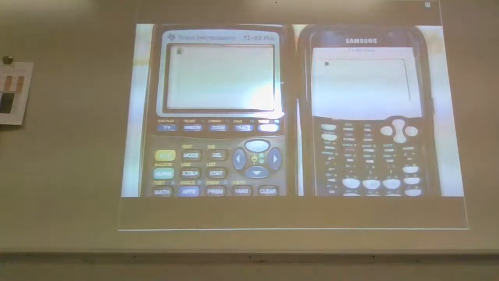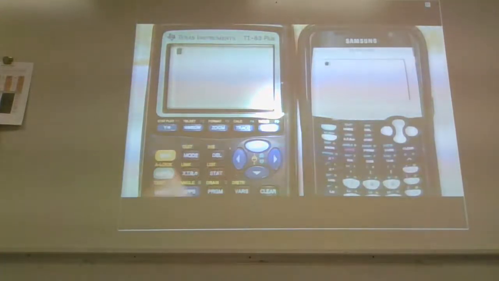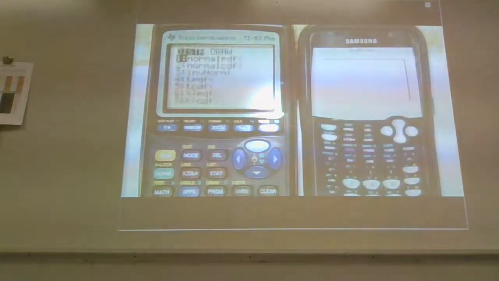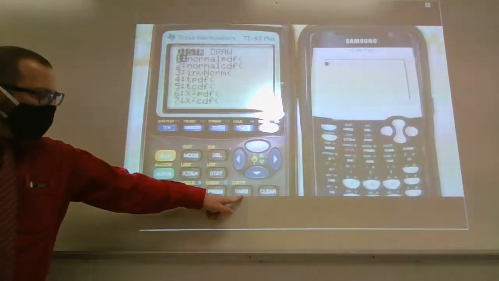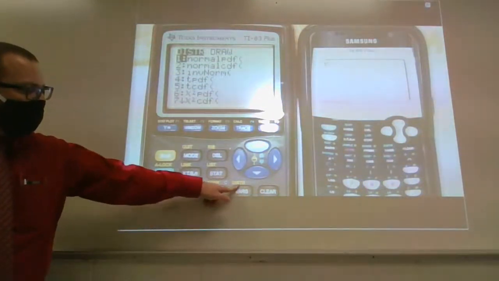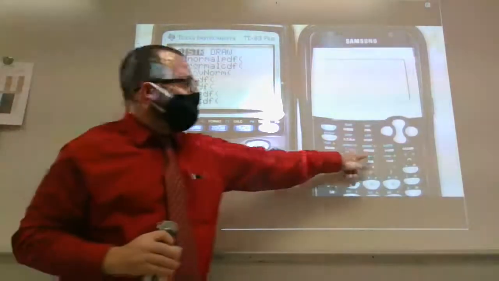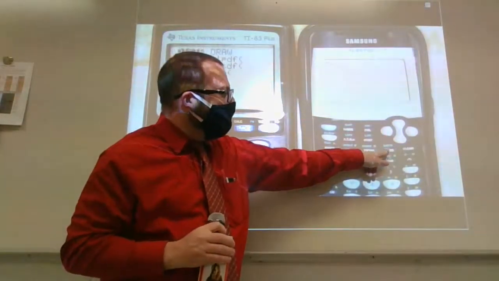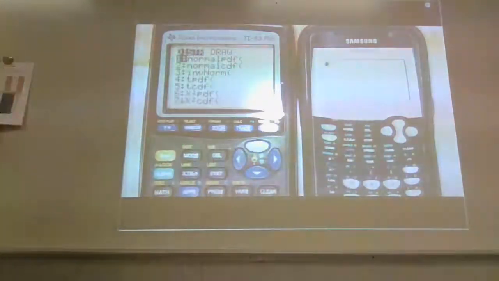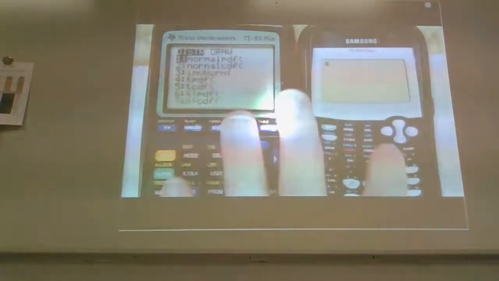Normal CDF, if you hit second vars, vars is right here on the graphing calculator, right next to clear. I'm hitting second vars because I have to go to distribution. Same thing on the 84s. If you hit second vars, it'll take you to DISTR, distribution. That is where you are going to find these particular functions.